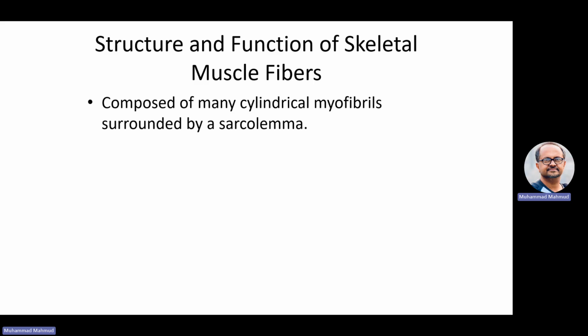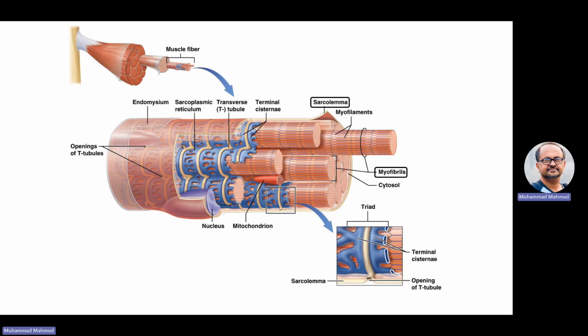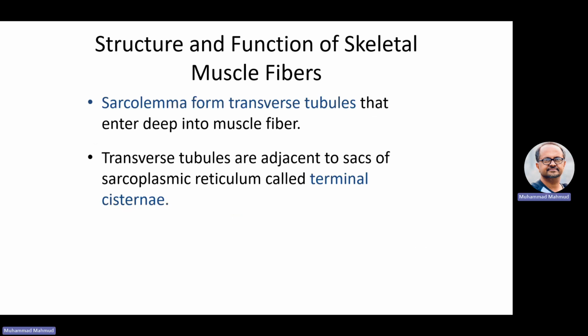Fibers are composed of many cylindrical myofibrils surrounded by sarcolemma. And if I take one of those muscle fibers, this is what it looks like. Sarcolemma forms transverse tubules that enter deep into the muscle fiber.